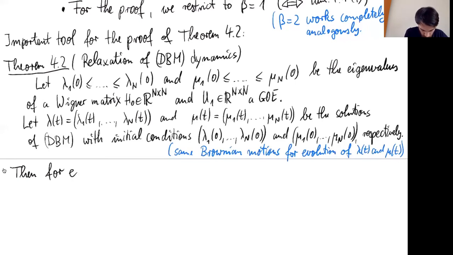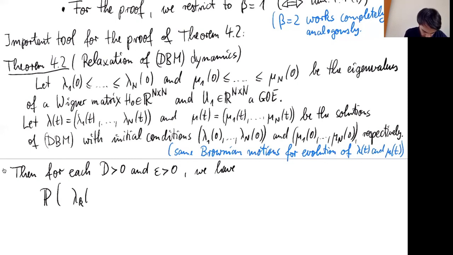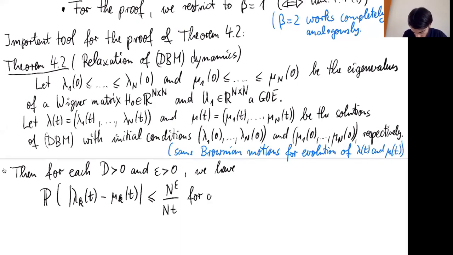So then, for each d bigger than 0 and epsilon bigger than 0, we have the following, namely that the probability that I take lambda k minus t minus mu k minus t is smaller than n to the epsilon divided by n t for all k from 1 up to n, and all t between 0 and 1.